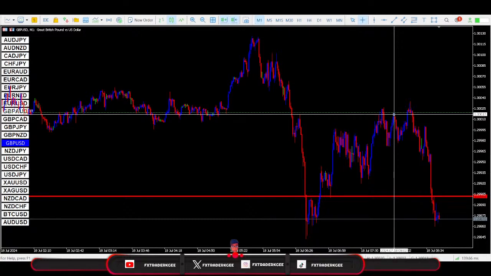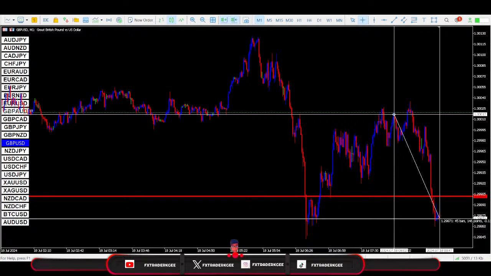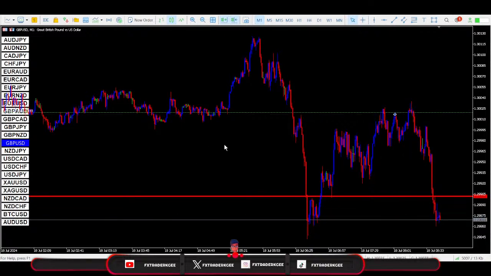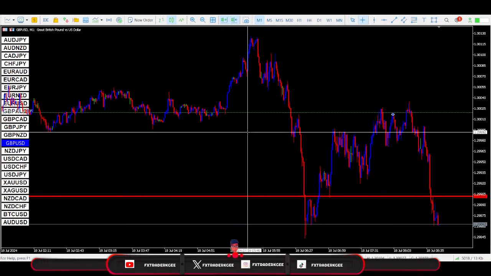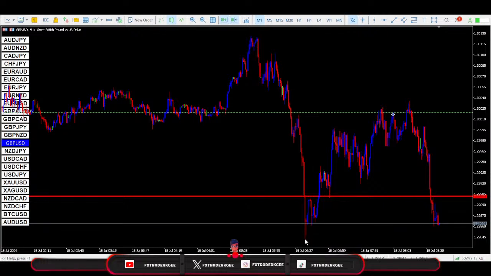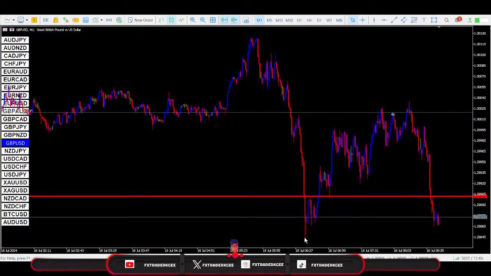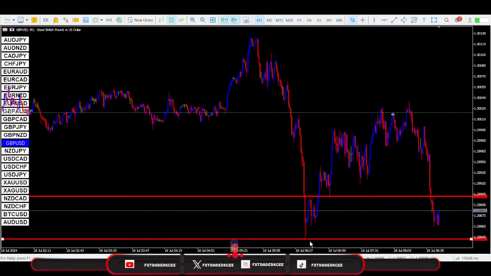This was actually my entry, and it only did about 2 pips and came back down again for about 14 pips, which we are still good. Conditionally, if price crosses beneath this support level here, let me draw this horizontal line, definitely I'm going to exit from the trade.